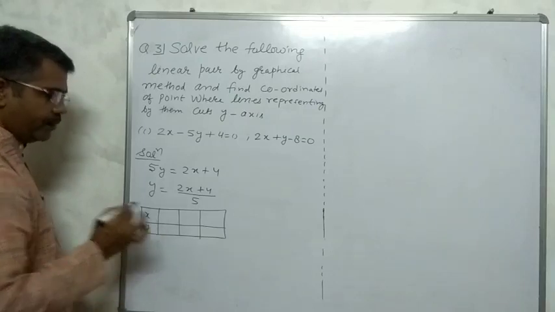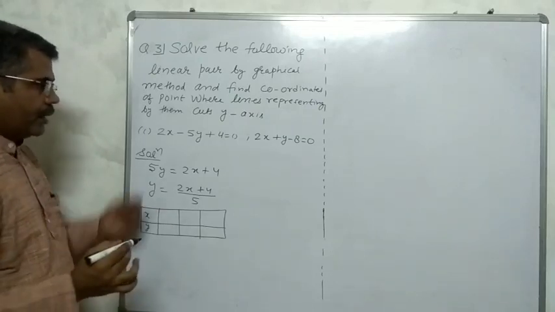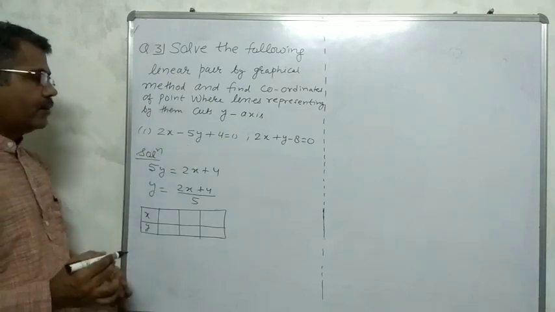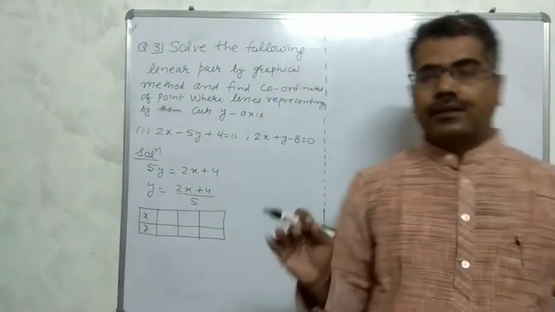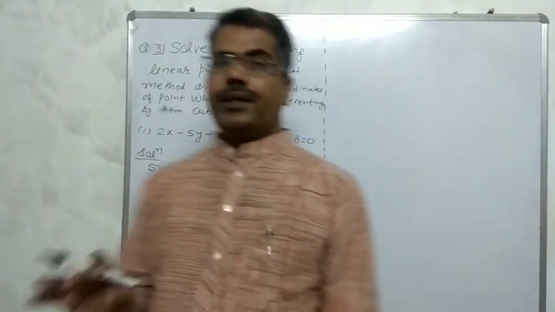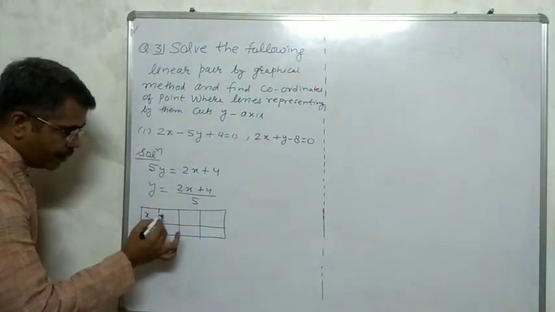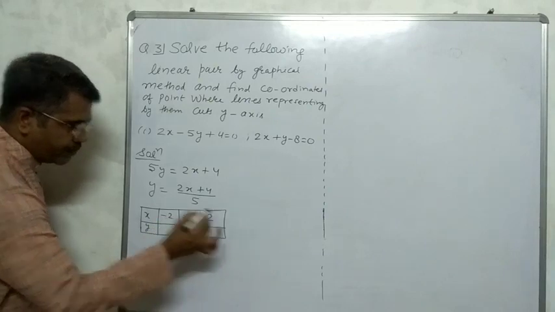We make a table, and we know that a line has infinite points. We take only 3 points: first negative, second origin and third positive. So we write here minus 2, 0 and 2.